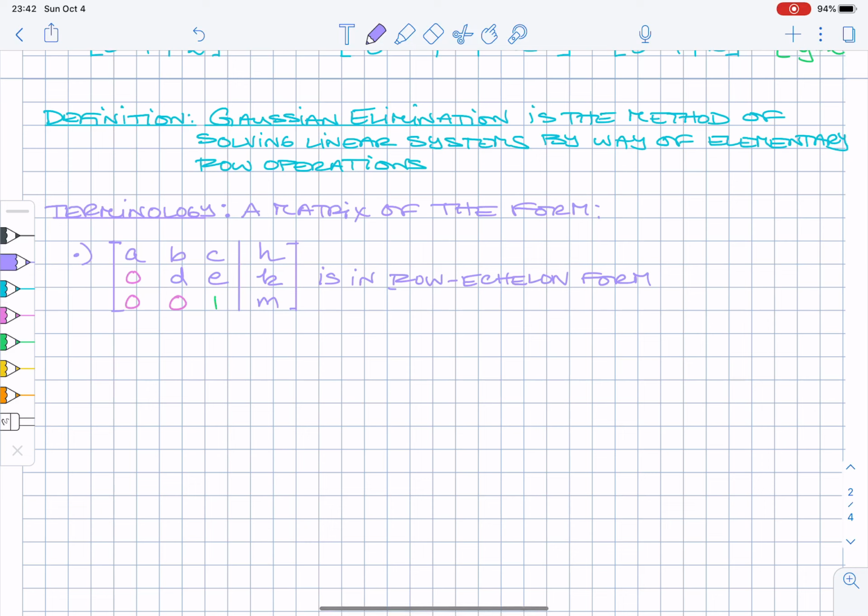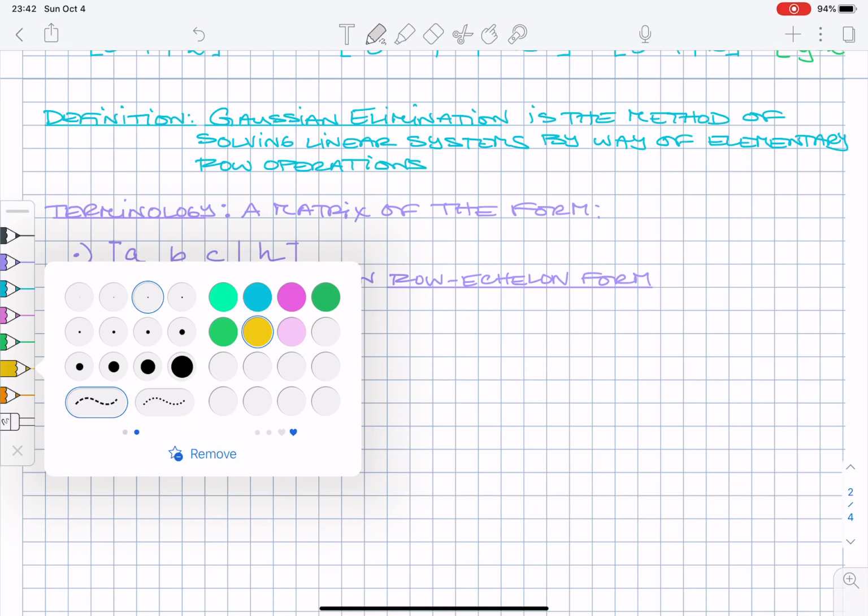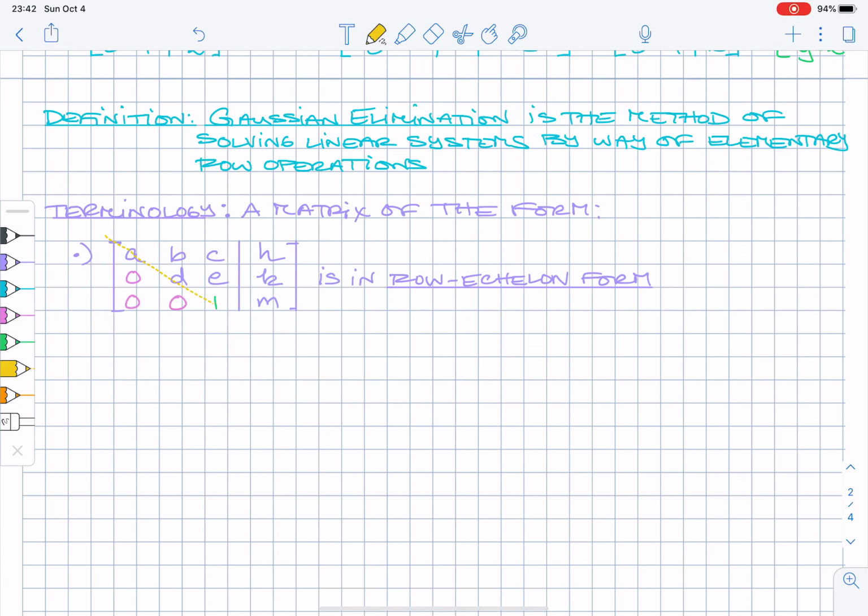So a matrix that has zeros underneath the diagonal. Let me show what the diagonal is here. So underneath this diagonal here, if there's zeros, then that's row echelon form.